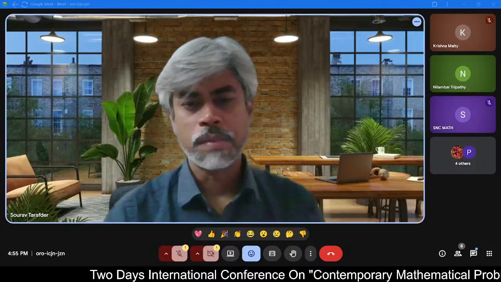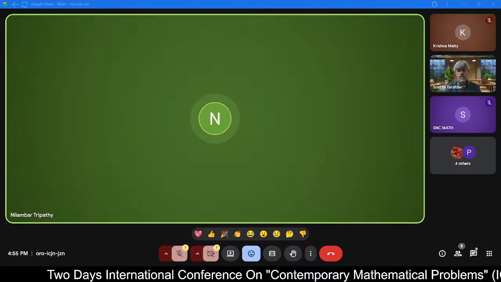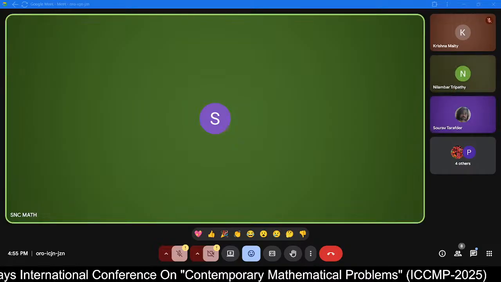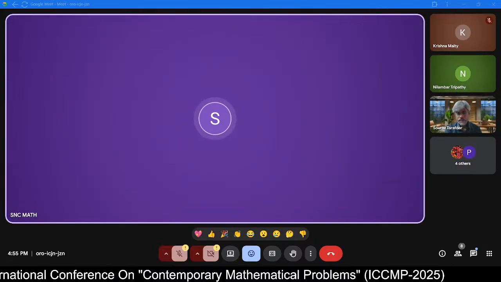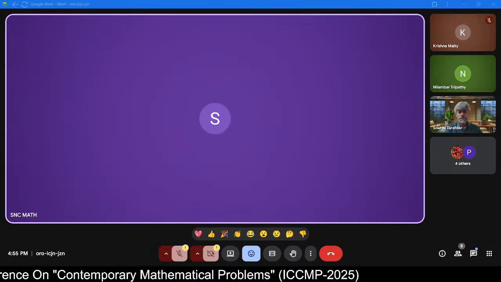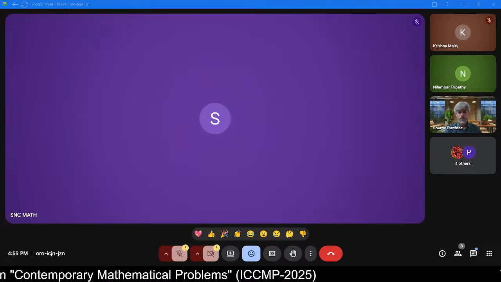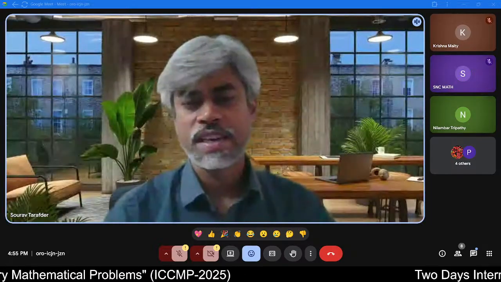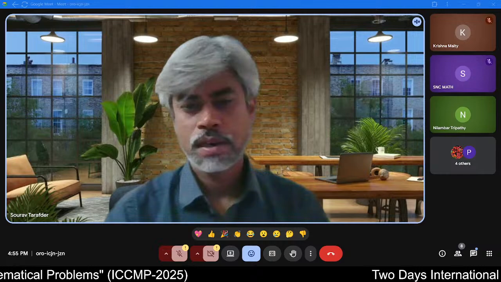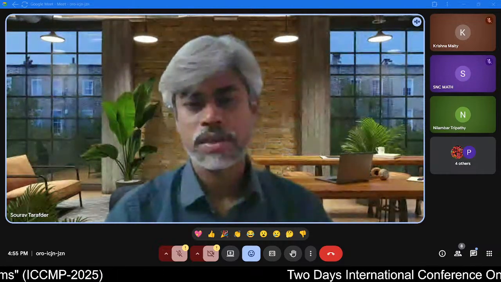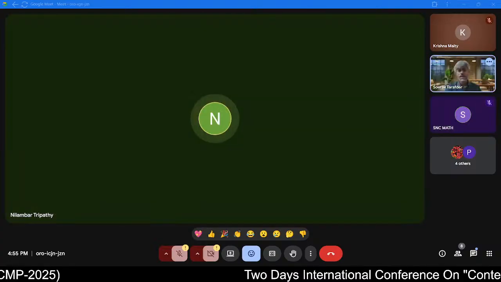What's the problem, Nilambar? Sir, actually the screen is not sharing. Time is over. Time is running. There is a validity session also, so you can hurry up. You go to the share screen option first at the bottom. Just beside the video symbol, you have a share screen button, right? Yes, sir. Click there.